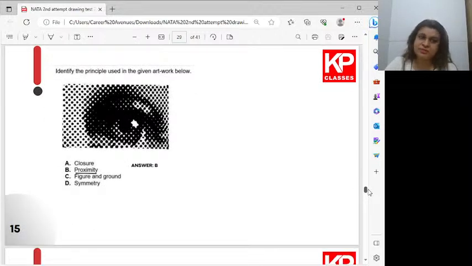The principle of proximity says that when certain elements are in close proximity, collectively they might signify something else. It's just because of the proximity. Now, if you increase the distance, it will just appear as separate dots. So this principle of proximity is playing a huge role in signifying what this particular artwork is all about.